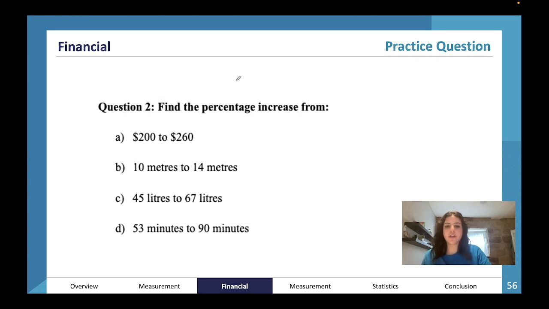All right, we're also going to find the percentage increase from a couple of different amounts. So how do we find the percentage increase? We need to find the difference between the two as a part of the first. So $200 to $260. The difference here is $60. We need to find how much 60 is of 200.